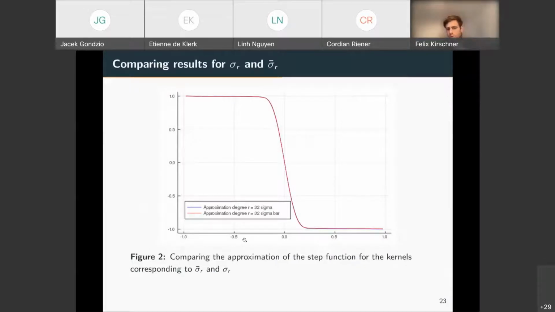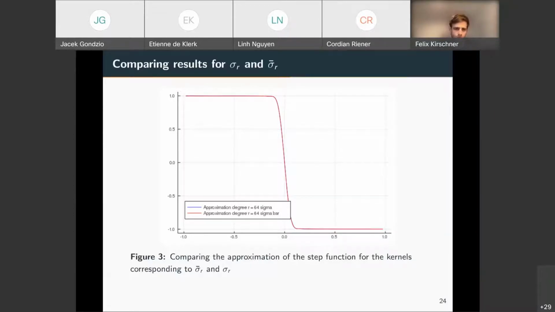How do the approximations look if we use the kernel that we get from sigma R and sigma R bar? This is what we see here. The first thing that we notice is that compared to the truncation of the series, we got rid of the oscillations that we got before, and the approximation looks almost the same. It doesn't look like there's a lot of difference between using the kernel of sigma R and sigma R bar, and then increasing the degree, we simply see that we get a better approximation, which is expected, I think.